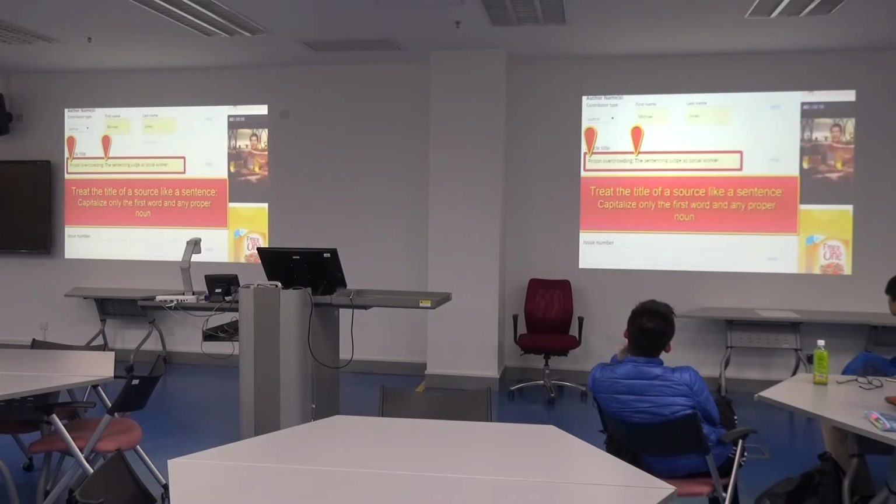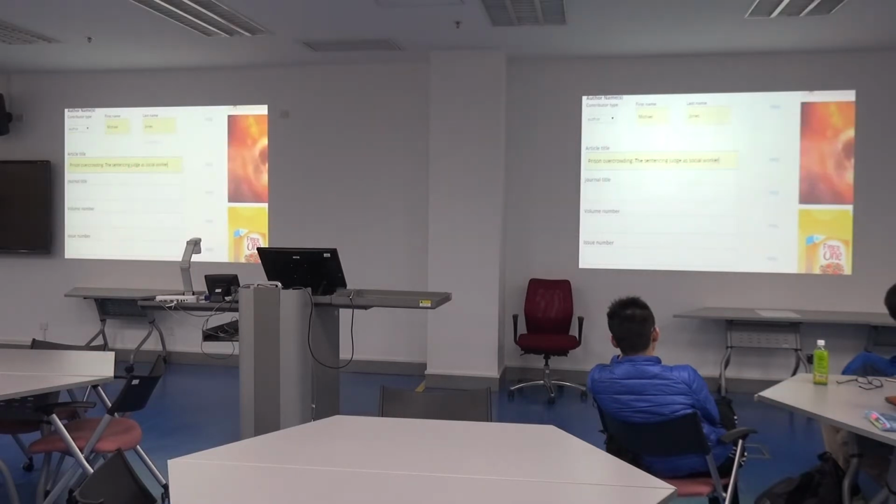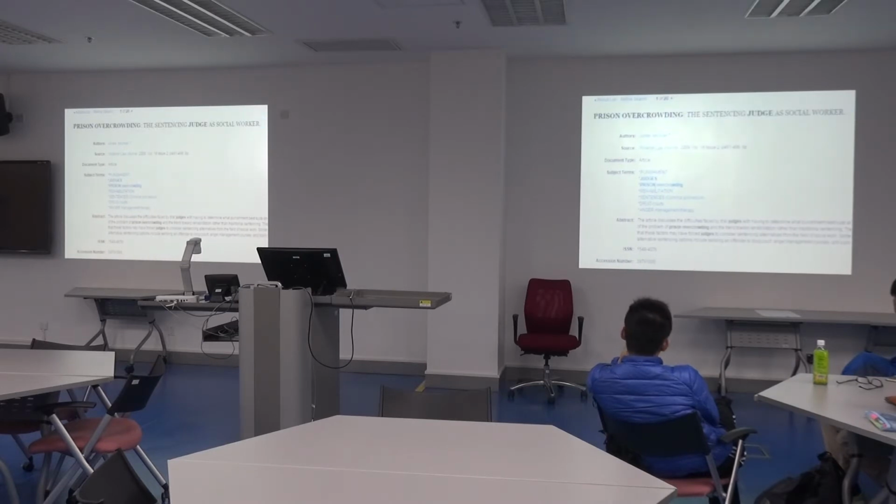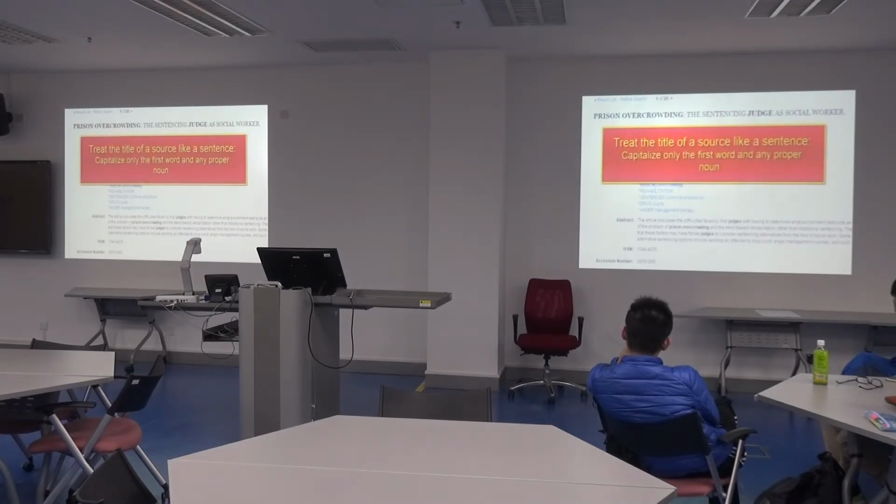Then we would use lowercase for the rest of the words, including judge and social worker, which are common nouns. Note that although the title is in all caps on the library record, those all caps are for the library's formatting, not APA. For APA, capitalize the title like a sentence, no matter how you see it printed anywhere else.